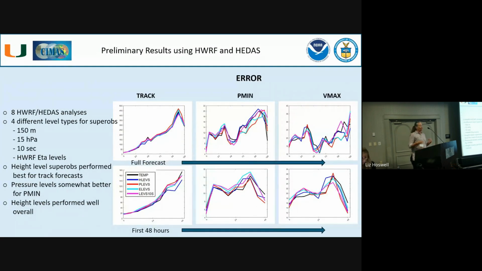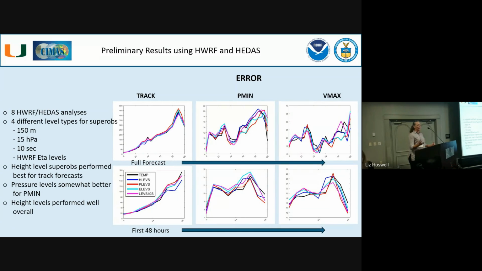Okay, so when I first started considering this problem of superobbing, I did a very small experiment in the HWRF model using our experimental DA system HEATS. I just picked 8 different tropical cyclone cases and tried superobbing using 4 different methods: either 150 meter height levels, 15 hectopascal pressure levels, 10-second time intervals, or trying to match the native model grid.